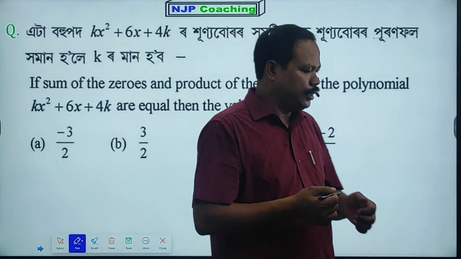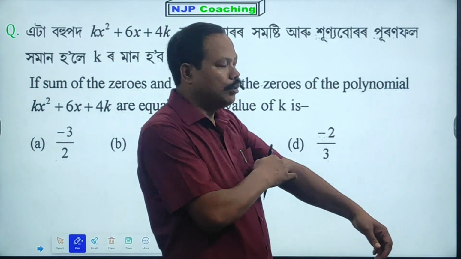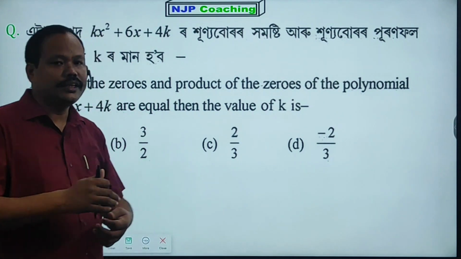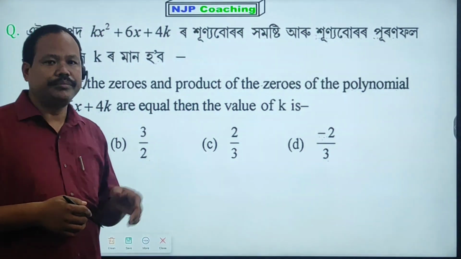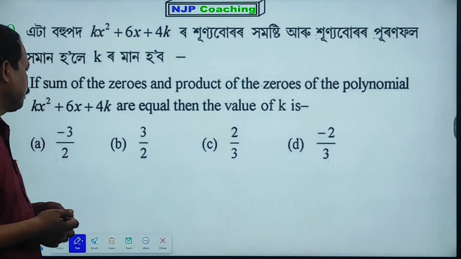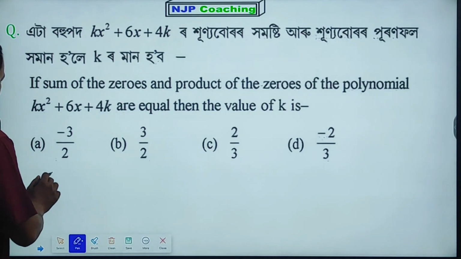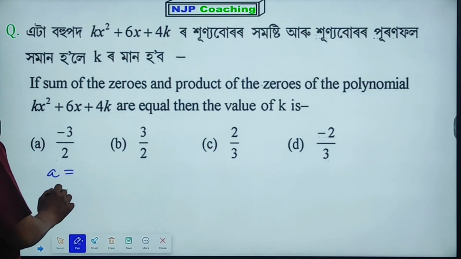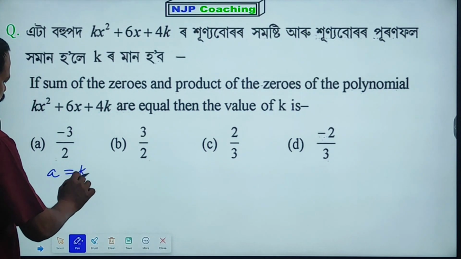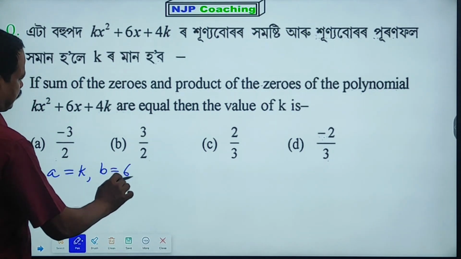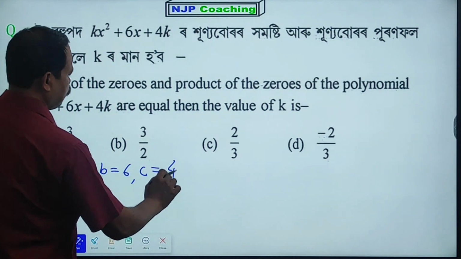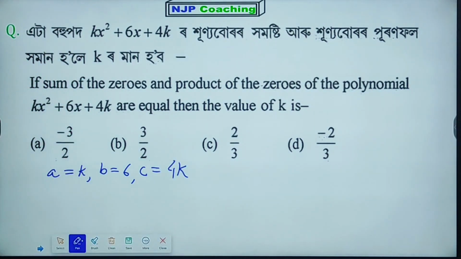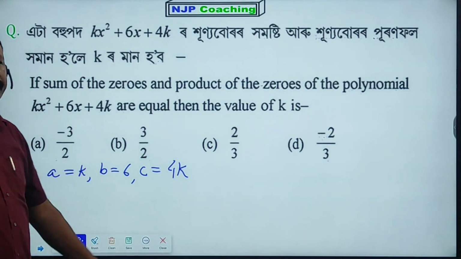That means if we compare with the standard form of a quadratic polynomial, then a equals k, b equals plus 6, c equals plus 4k. So coefficients are a equals k, b equals 6 and c equals 4k. These are the coefficients of a quadratic polynomial.